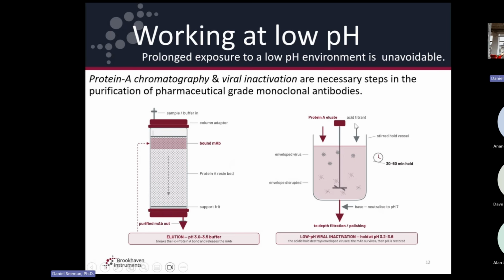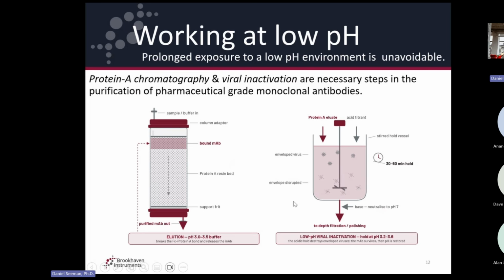Frequently, this is coupled with a viral inactivation step, so you can avoid having multiple low pH exposures. Viral inactivation is needed because much of the time when these things are made in cell culture, you're using viral transfection systems, and so obviously you want to make sure there's no live virus in the final product.